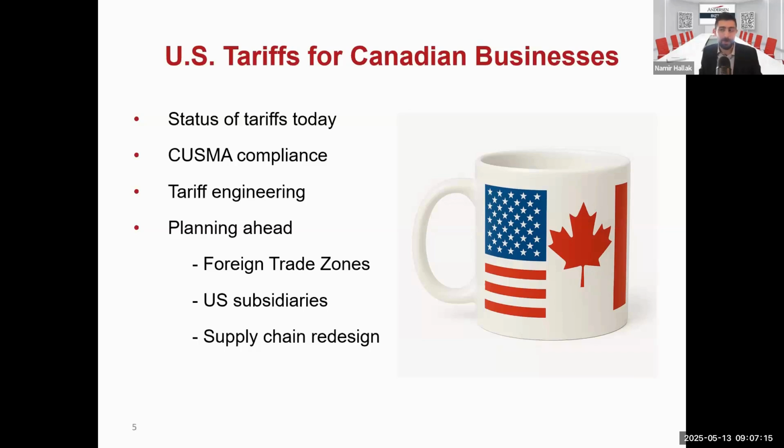And so, of course, we're talking about FTZs, we're talking about tariff engineering. But the other big question that's been knocking on our doors as cross-border tax advisors is, hey, Namir, hey, Atif, is this the right time to set up, for example, a US subsidiary? Is this the right time to have the made in USA marker on our product?